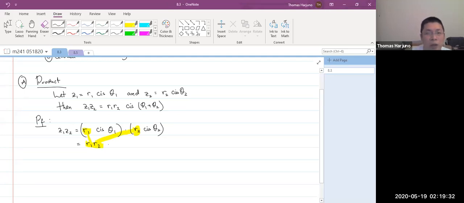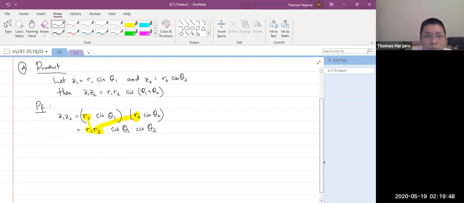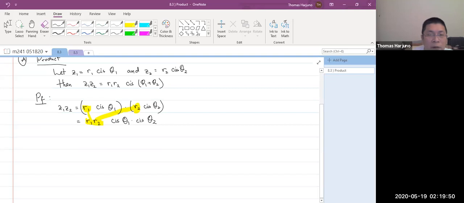Now times cis theta 1 times cis theta 2. Now I will show that this cis theta 1 times cis theta 2 can be simplified to be cis of theta 1 plus theta 2. So I want to show that this guy here equals this. That's what I'm about to do.